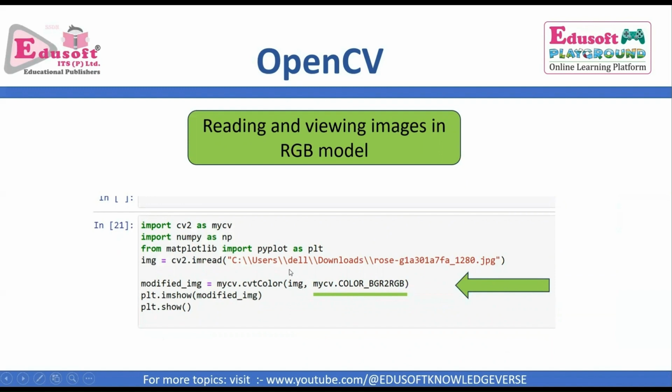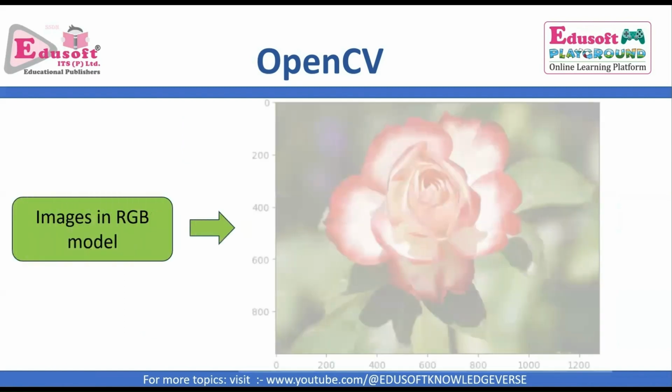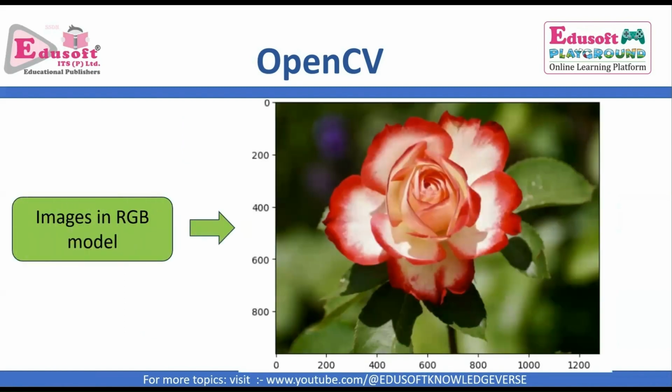The first argument is the image and the second argument is mycv.COLOR_BGR2RGB. So the method cvtColor takes the first argument as the image reference and the second argument is the RGB model. And you can see your output like this. So this is the RGB model, that is red, green, blue model of your image. That is the actual color format.